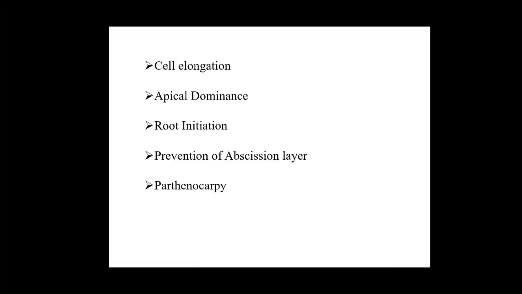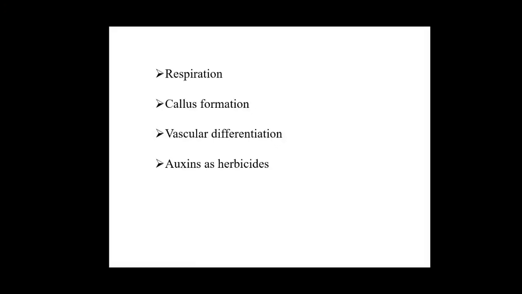External application of auxin on flowers causes the development of seedless fruits in many plants, such as tomatoes, apples, cucumbers, etc. Respiration: a close correlation has been observed between auxin-induced growth and increase in respiration in many plants. The effect is thought to be related to auxin-induced synthesis of various enzymes, which results in an increase in the process of respiration.